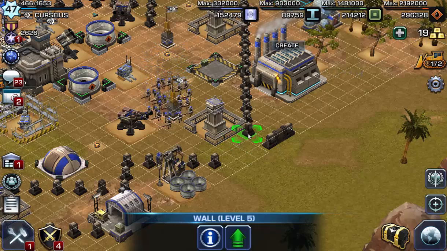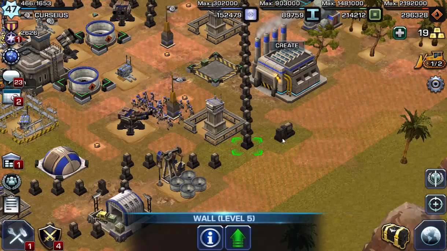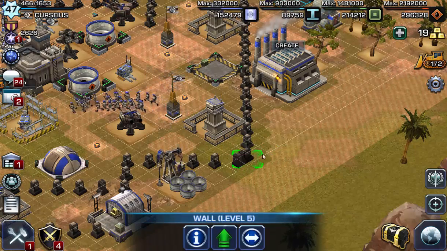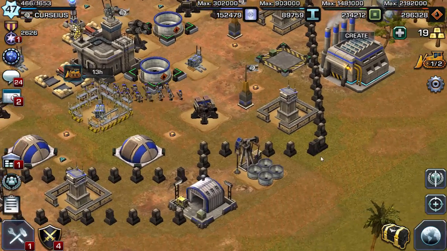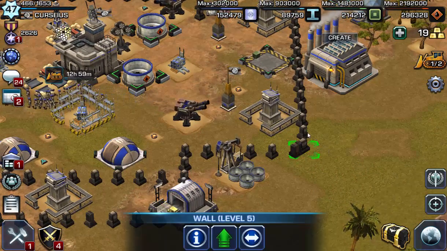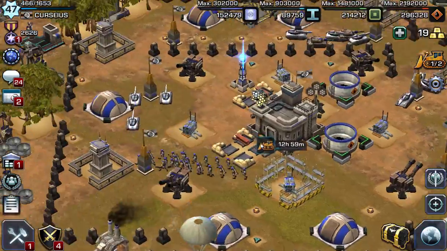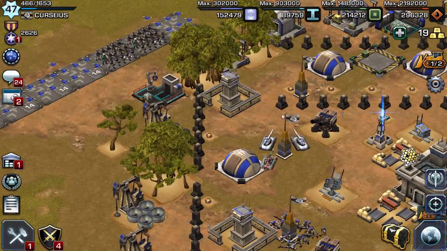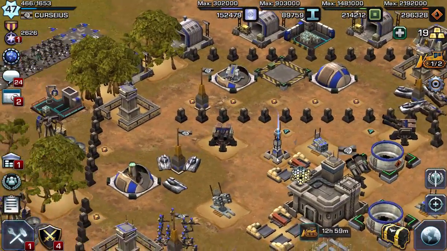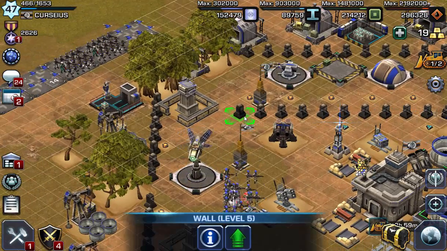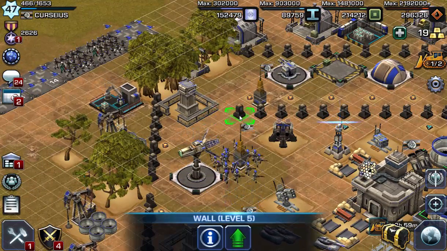You know what I'm saying? But if the walls are on diagonal from each other, then the units cannot pass through anywhere around the walls, unless, of course, there is an open sector like right here.